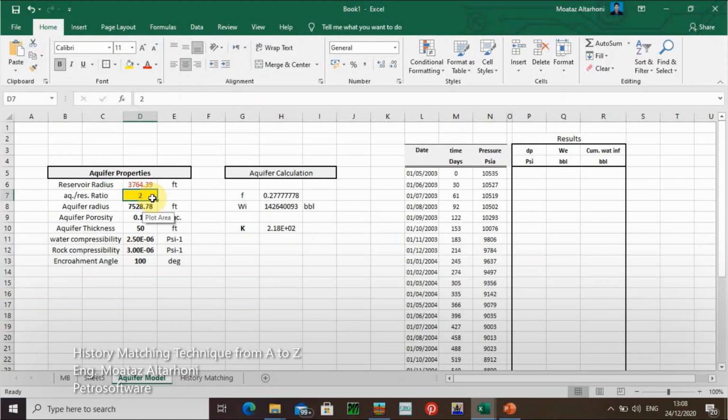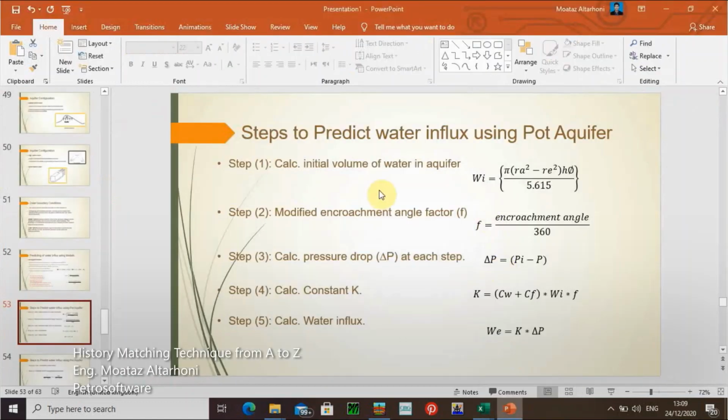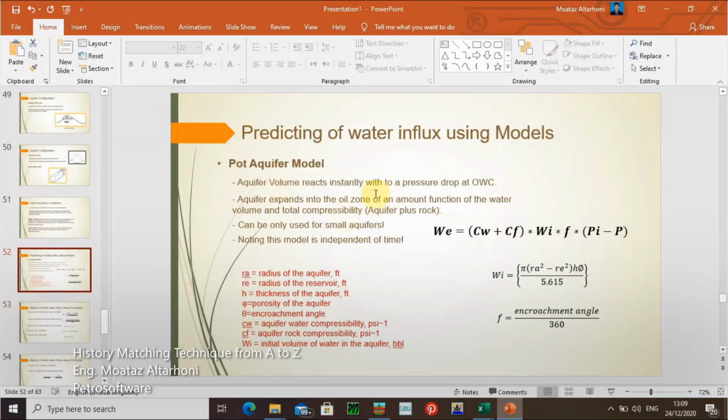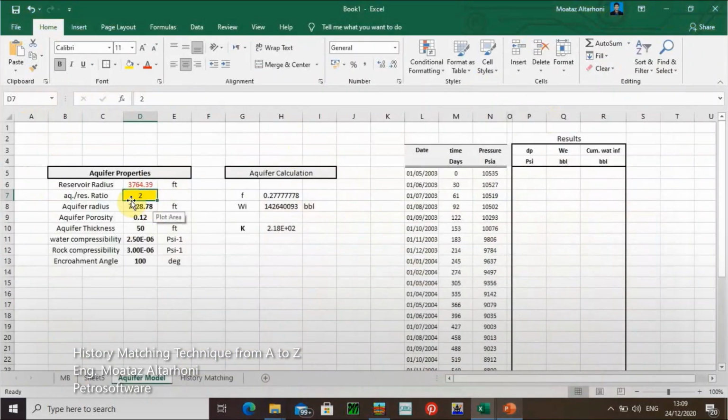Why? Because when I say 20, that means the aquifer size is 20 times larger than the reservoir, and that will not work, because a huge volume, a huge area of aquifer, means we need more time. In this model I don't need to use a huge volume, because if I do that, it's a hugely wrong assumption.